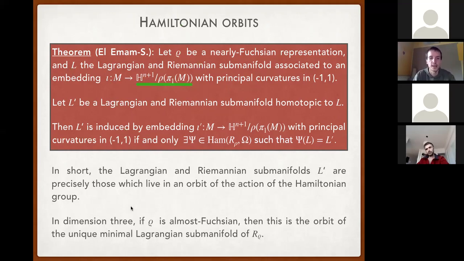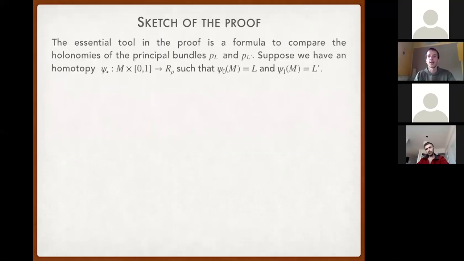So basically, in this special case, we can reformulate the whole statement by saying that these L prime are those which stay in the orbit of the unique minimal Lagrangian submanifold of Rho in its homotopy class.